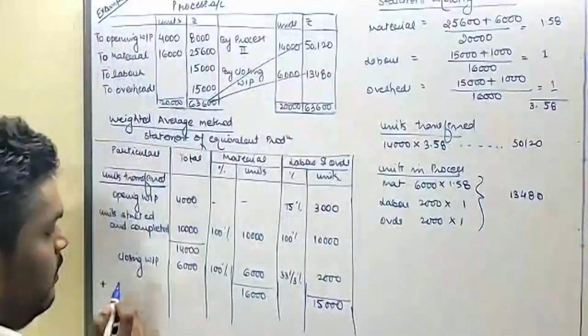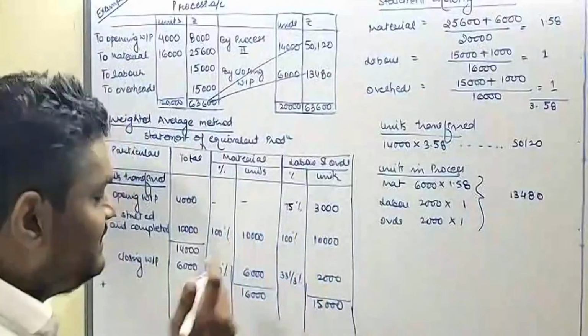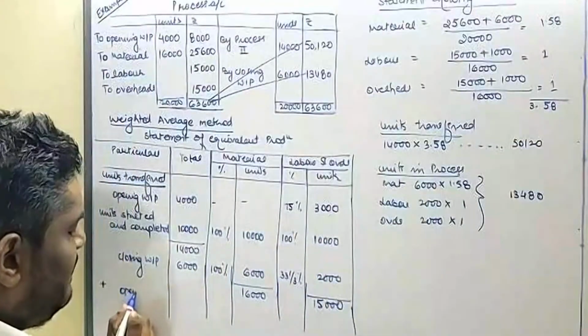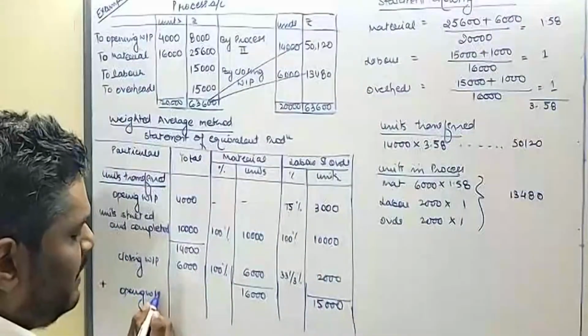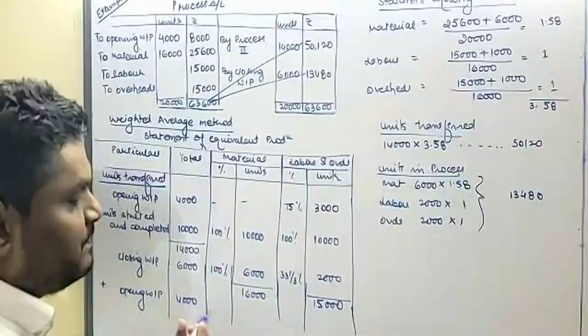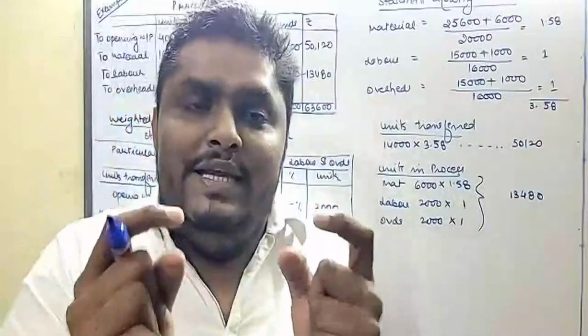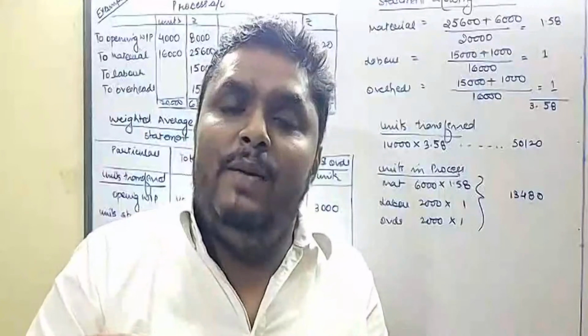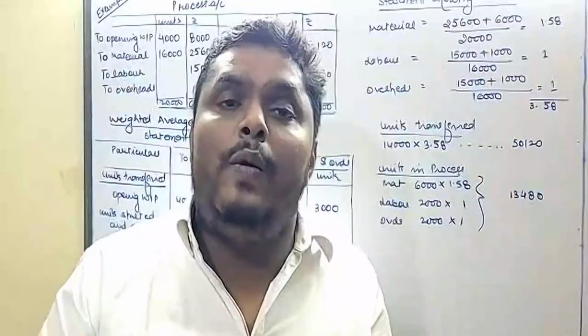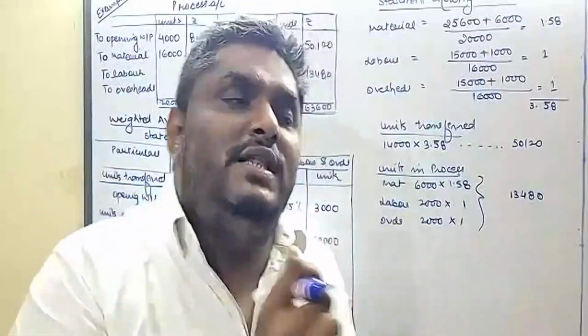When talking about the units processed in the previous month, it represents opening work in progress, that is 4,000 units. Now we will calculate the equivalent number of units processed in the previous month.